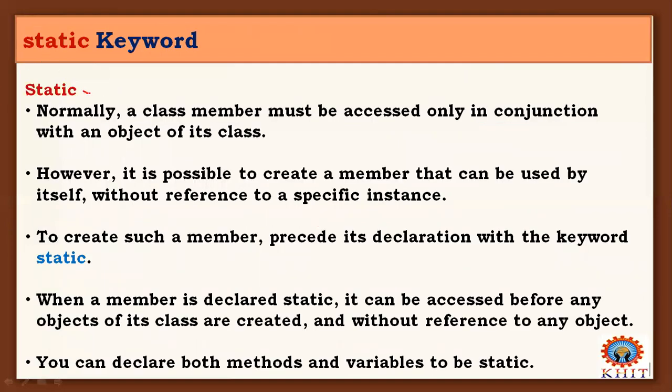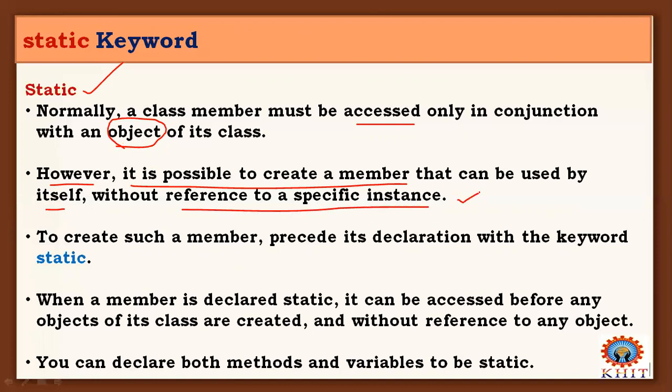Coming to the static keyword. Normally, a class member must be accessed only in conjunction with an object of the same class. A class member, which may be an instance variable or a method of a class, should be accessed through an object of the same class. However, it is possible to create a member that can be used by itself without reference to a specific instance.